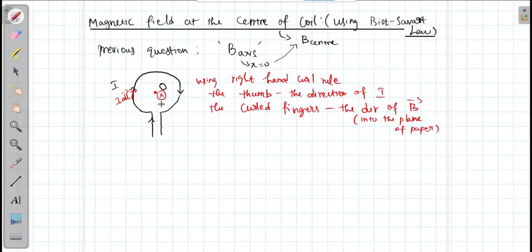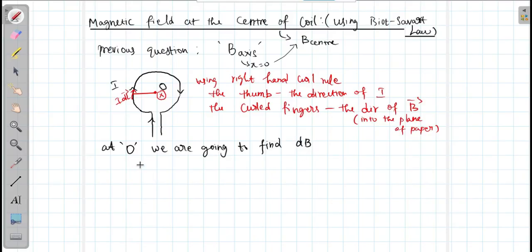Okay, now we are going to derive the equation. See, this is the distance between the current element and the point where we are going to find the magnetic field. So at O, we are going to find dB.